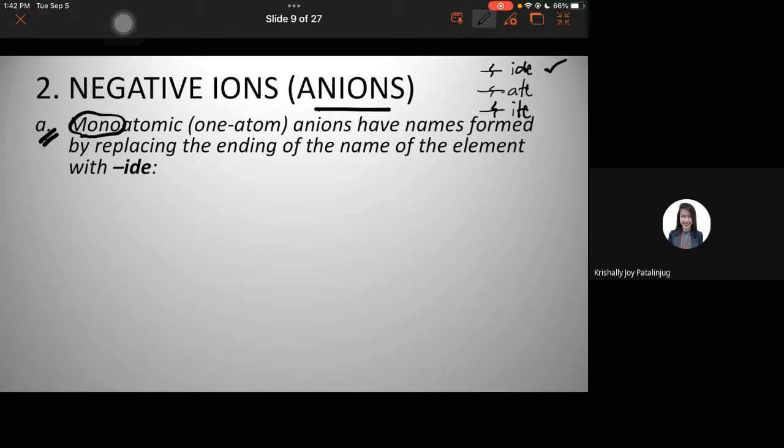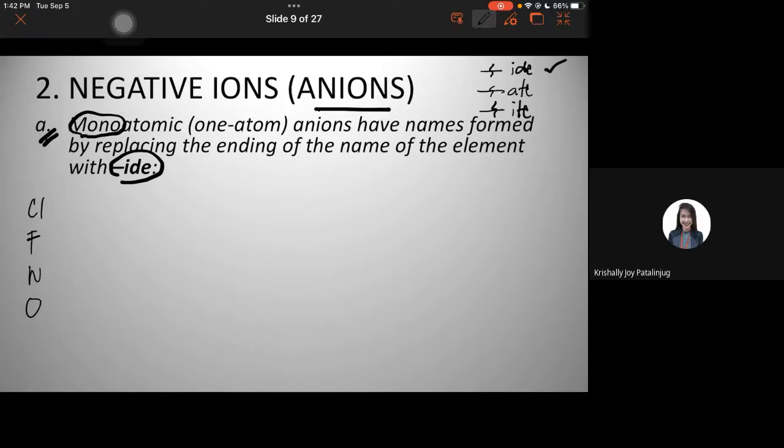They are named by simply replacing the ending of their name with IDE. So when you encounter a non-metal, for example chlorine, fluorine, nitrogen, oxygen, these are monoatomic, one atom only.